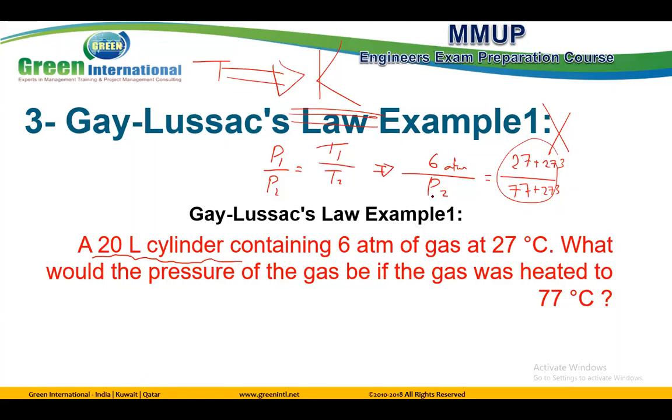Maybe anyone will ask me why the pressure unit is not changed. This is atmospheric, I agree with you, but the change of unit for pressure is done by multiplication. For example, to change it to the SI standard, Pascal, you multiply by 10 to the power 5.